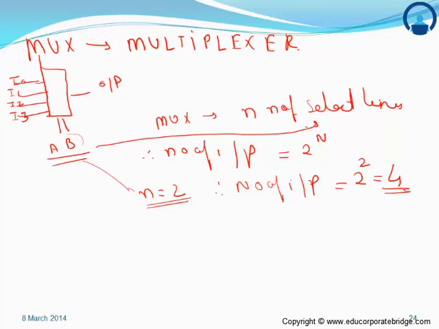No matter how many inputs there are, the multiplexer will have one output.